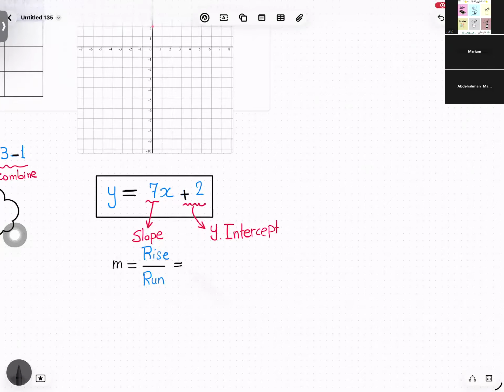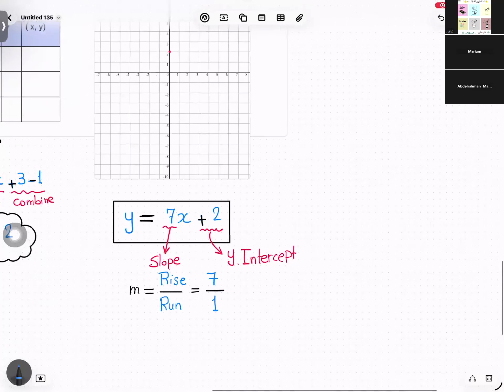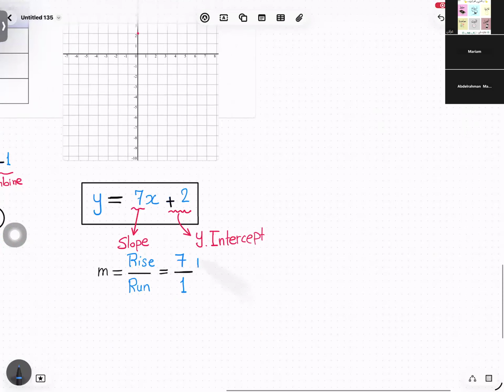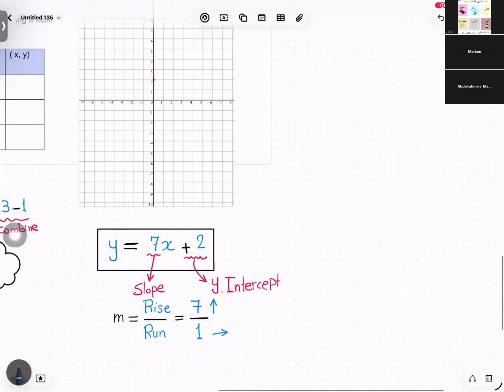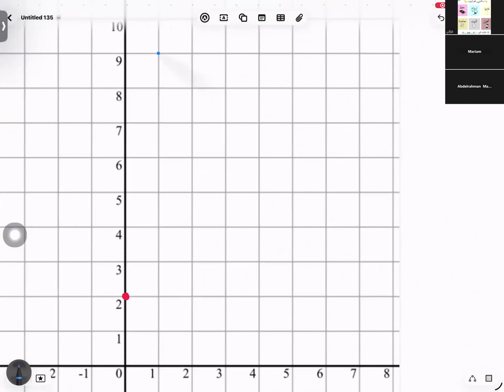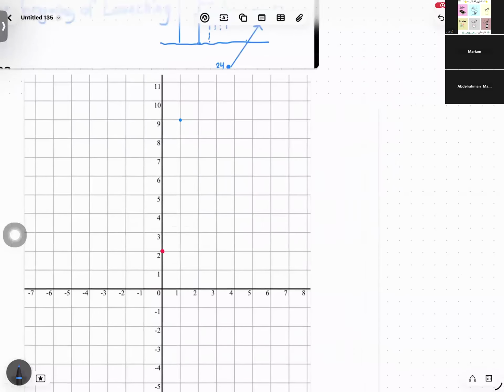You make it a fraction by putting a 1 on the bottom. 7 over 1. Bravo Mariam. So 7 means we go up 7 steps, and then 1 step to the right. So from this point, we move 7 steps up and 1 step to the right.